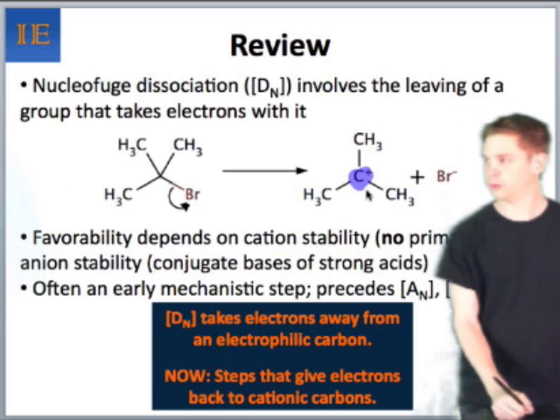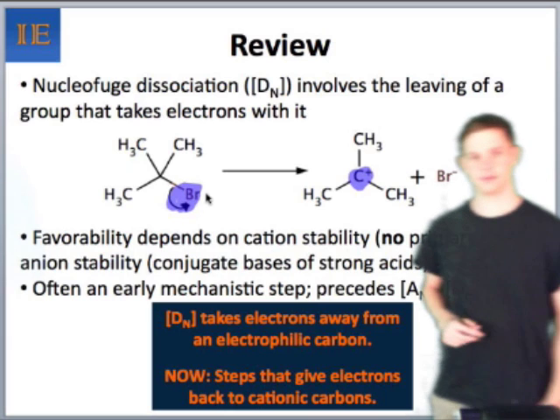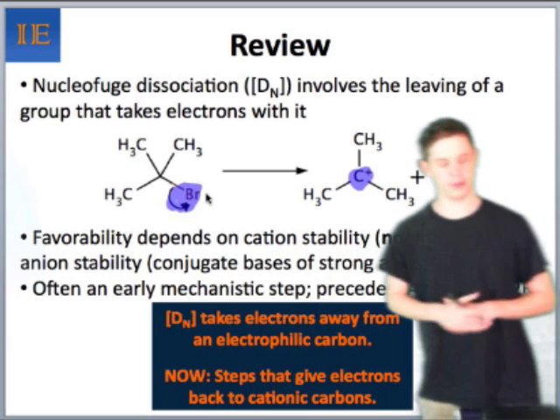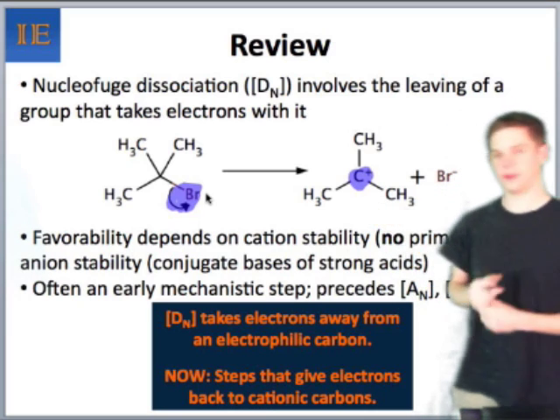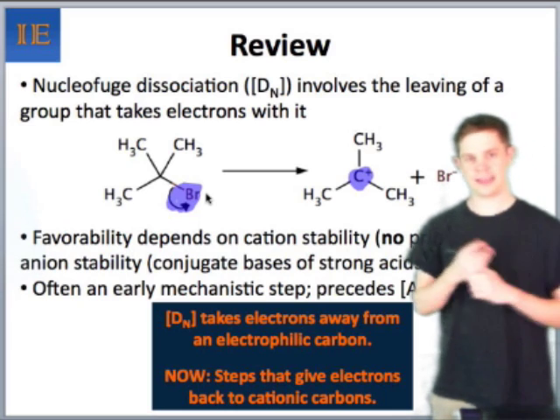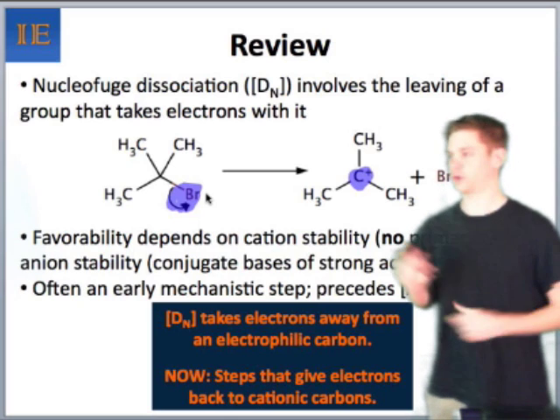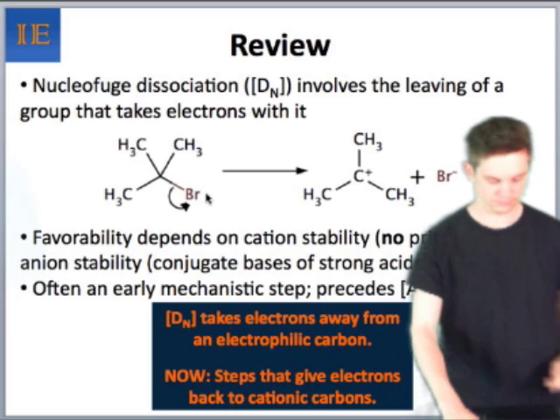The nucleofuge is the name we give to the group that leaves with electrons. So in this case, the nucleofuge would be Br-. Now we're going to turn that around and look at this product and say, what can this product do? What steps can this cation undergo to do further chemistry? So we'll take a deeper look at that in this lesson.